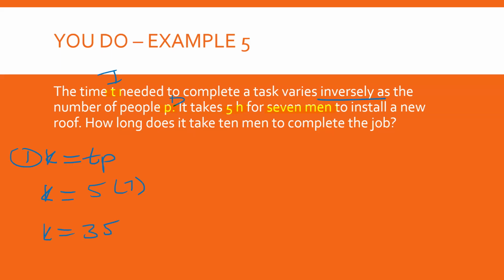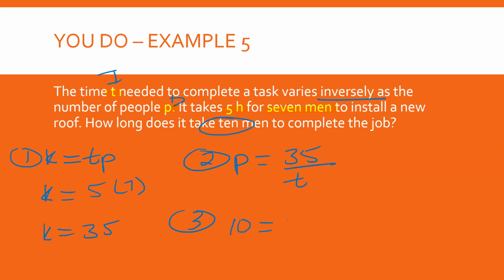How did we do? Okay, after you find your K, set up your equation. So your equation for inverse variation for this particular problem is P equals 35 divided by your T. Still with me? Third thing is to solve your problem. It wants to know if you have 10 min, how long will it take?